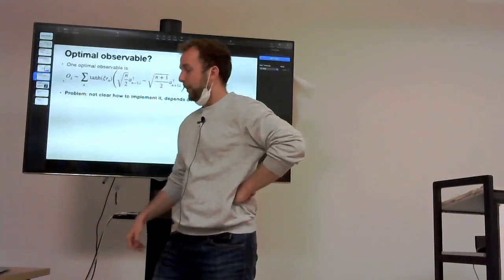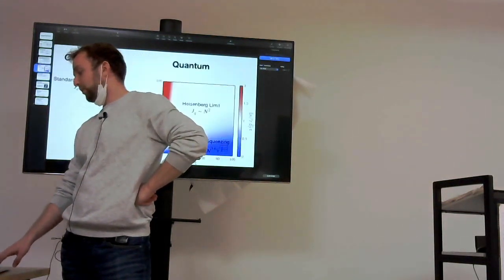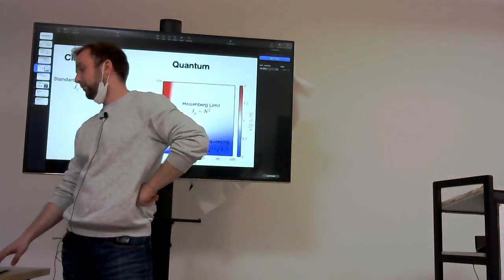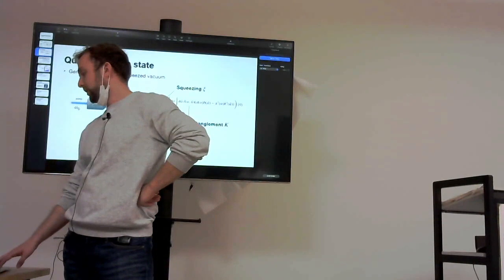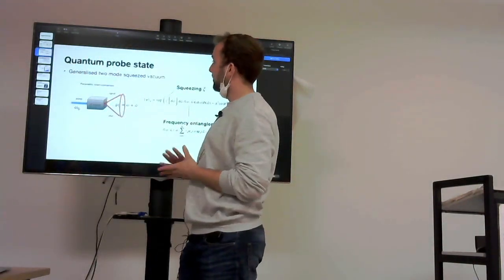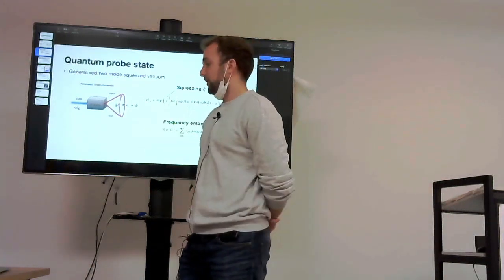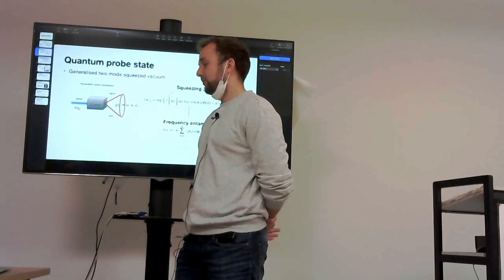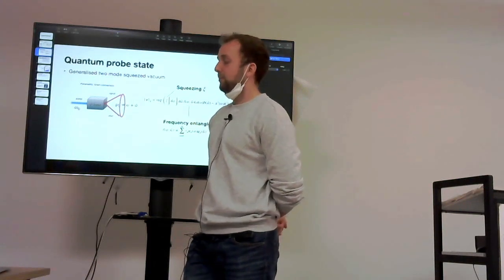Yeah, I guess we need to know our probe state. So we need to know this omega 0, or at least the mean frequency of the probe state, to detect the shift. So in that sense we need to have prior knowledge about the parameter.